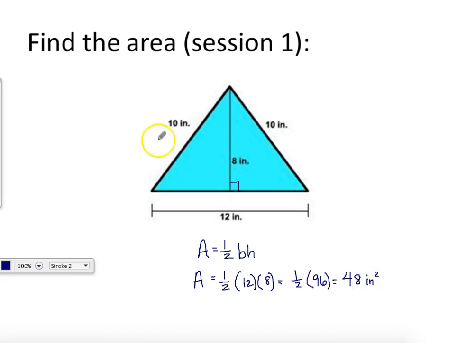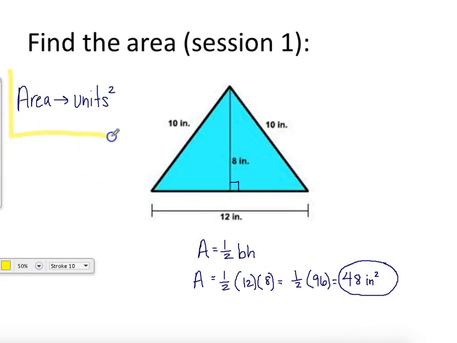When we're dealing with area, our units are going to be squared, whichever units we're working with, meters, inches, feet, because we're multiplying. We're taking a base times the height, so inches times inches is inches squared. The final answer would be 48 inches squared. Keep in mind when you find area, you're going to square your units.